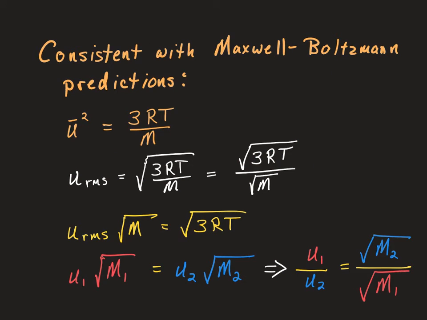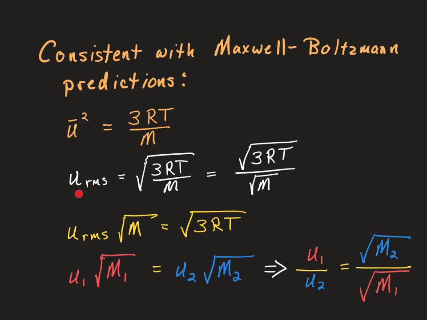Now, we can show that this is consistent with the theoretical considerations that we get from the Maxwell-Boltzmann predictions. Remember that Boltzmann-Maxwell predicted that the mean square velocity, which eliminates any positive and negative signs, can be predicted as 3 times the gas constant R times the temperature in Kelvin divided by the molar mass in kilograms.